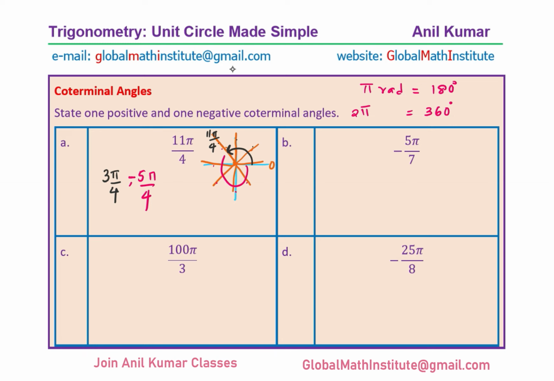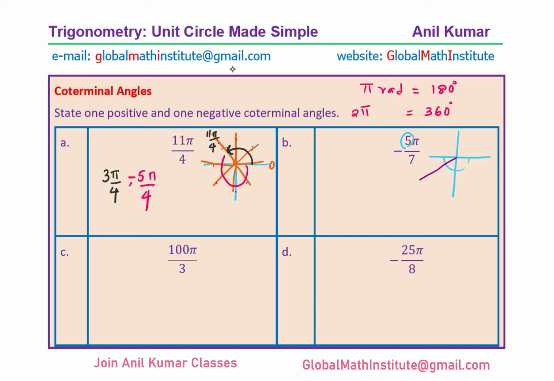Perfect. Now, the next one here is minus 5 pi by 7. So let's see if we can figure out how to do this, right? When I say pi by 7, that means this pi is divided into 7 equal parts. Minus means we are going clockwise, and we are only picking up 5 parts out of 7, so we'll land up here, right?